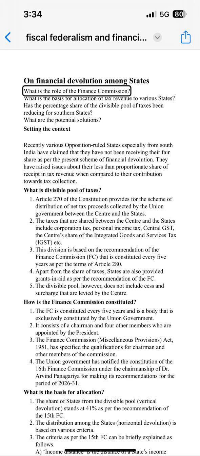They are also not at par with the principles laid down by the Finance Commission. So southern states are being discriminated against by the central government as far as the tax revenues are being shared, and also as far as the grant in aid is being shared by the central government with the southern states.